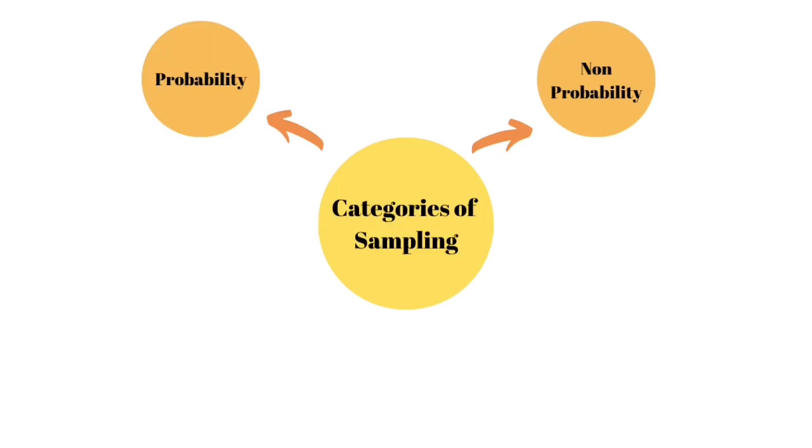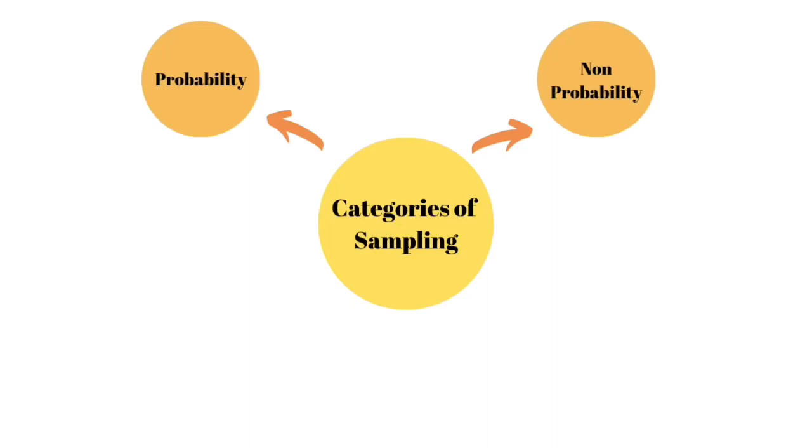Now that we know what sampling is and the difference between a target population, sample frame, and sample, the next piece to understand about sampling is that there are different methods of sampling. These methods can be divided into 2 categories: probability sampling and non-probability sampling. Probability sampling is based on the fact that every member of the target population has a known and equal chance of being selected.